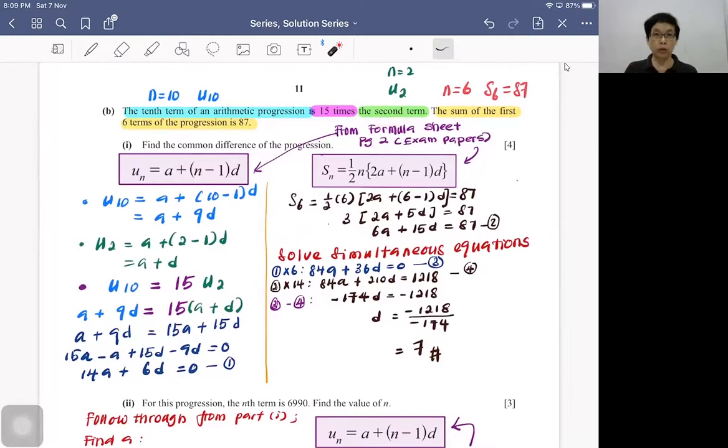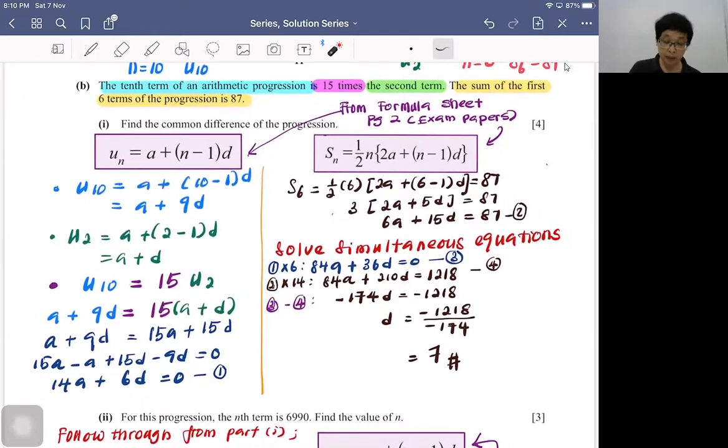So n equals 2, or u2. Their relation is u10 is 15 times u2. Well, that is the statement we want to pay attention to, and we're going to make full use of it to get our full marks. Let's progress step by step.